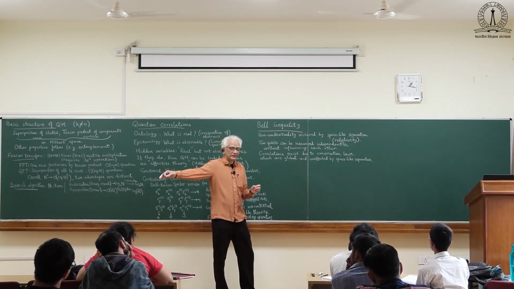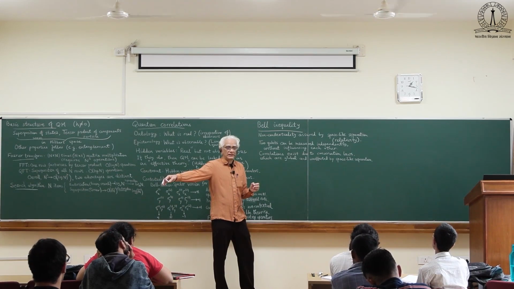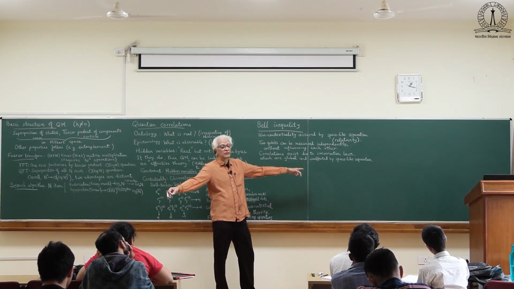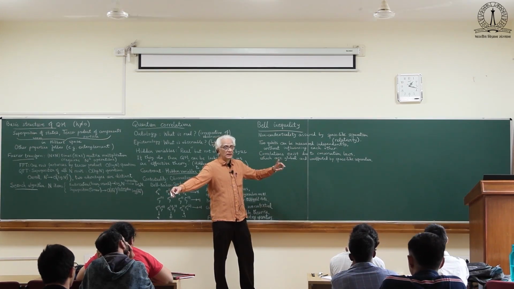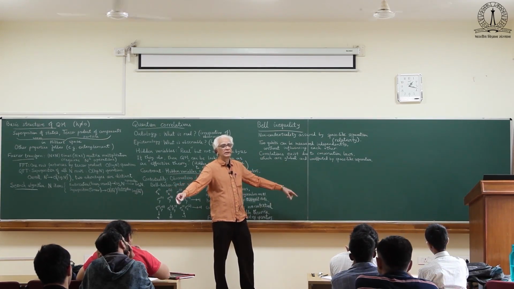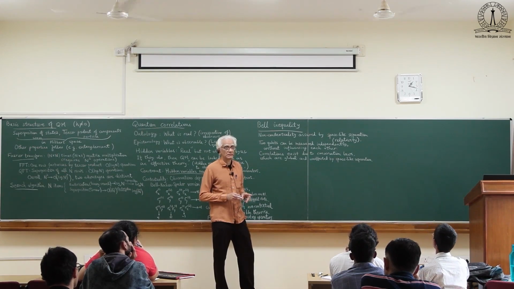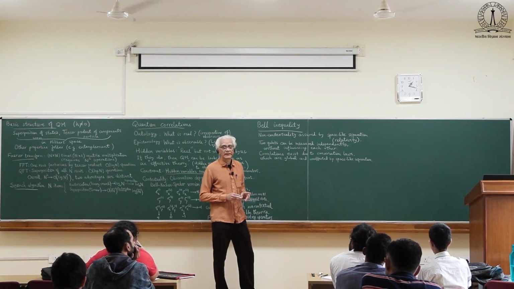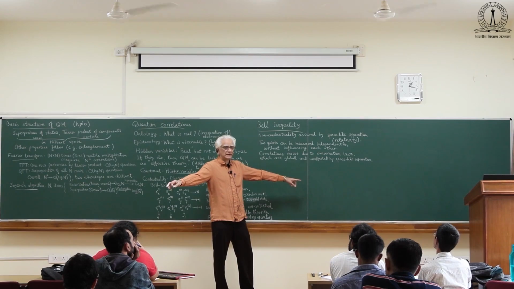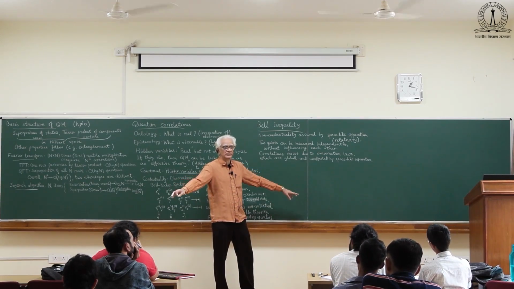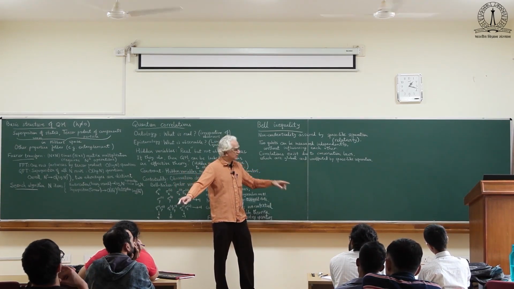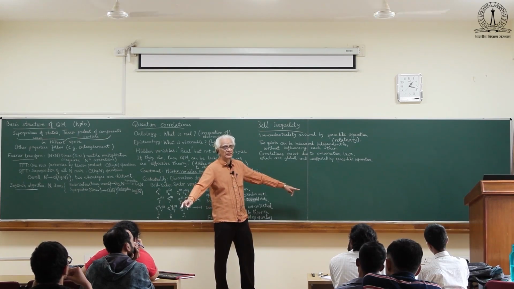One piece goes in this particular direction and I found that piece. I can immediately say that the other piece is in the opposite direction. I don't have to go and measure it. I know it because the momentum is conserved. The two pieces may be at a space-like separation, doesn't matter. If I know this, I can predict the other part.